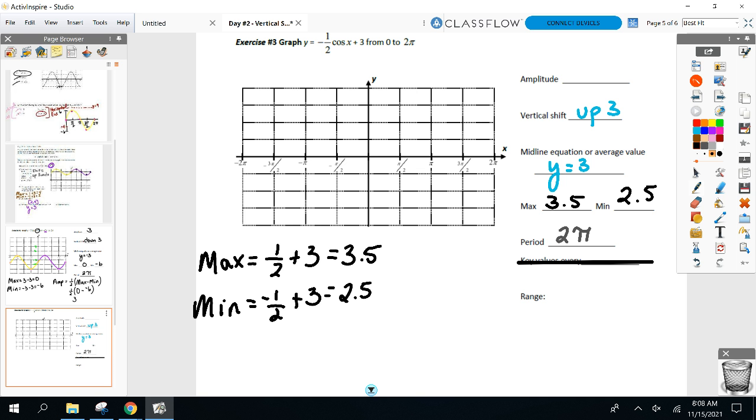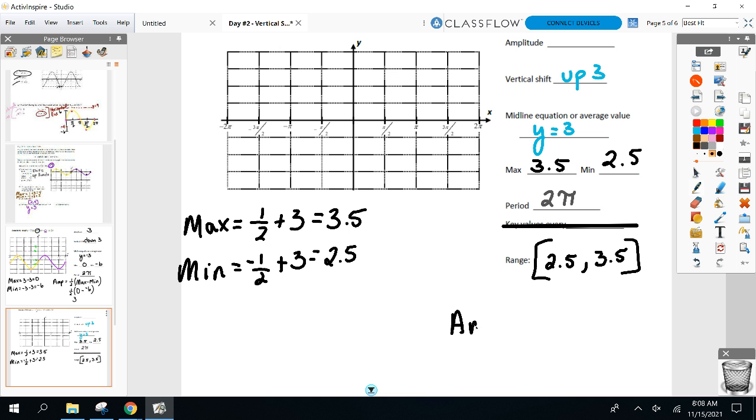What about the range now? Since we just did max and min, what's my range? 2.5 to? Covered in what? Brackets. Yep. Minimum to maximum: 2.5, 3.5. And then amplitude. Let's use the formula: 1/2 max minus min.